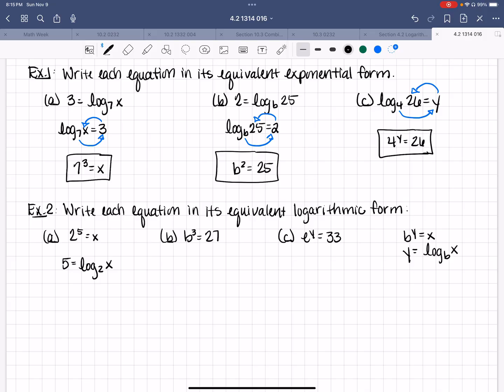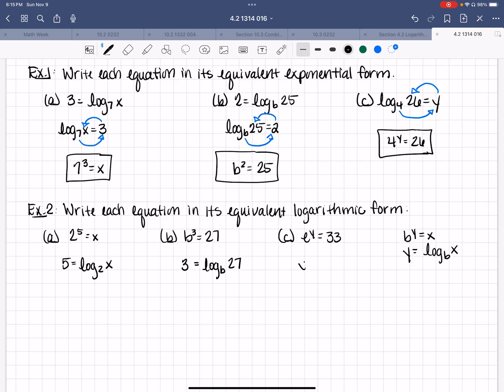Okay, in B, what is my base? My base is b, so log base b. What's my exponent? That's 3. And then we have 3 equals log base b of 27. Then in C, who's my base? My base is going to be e here. My exponent is y.